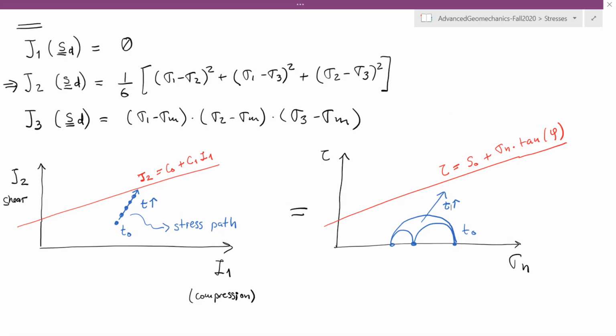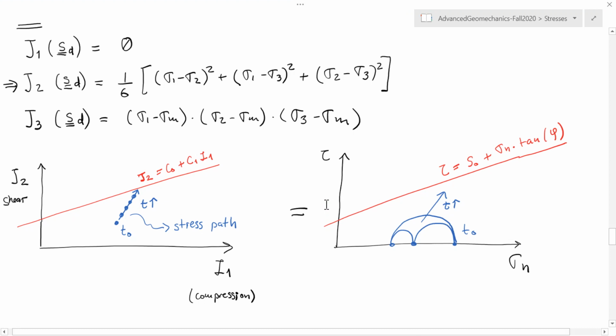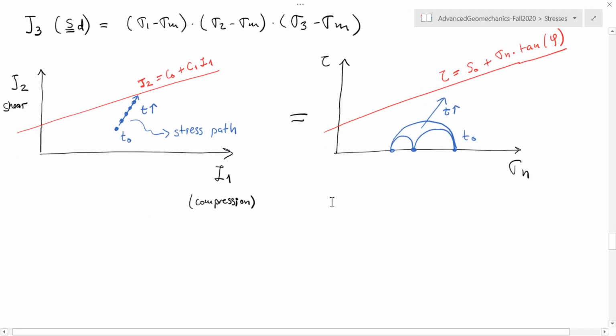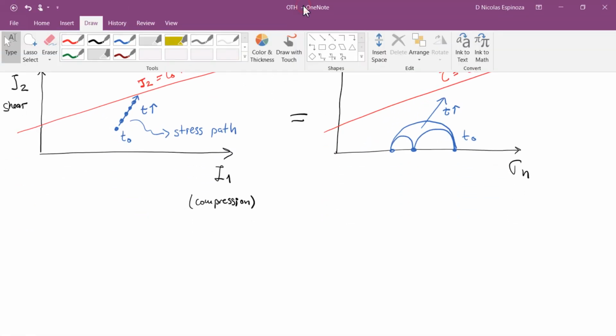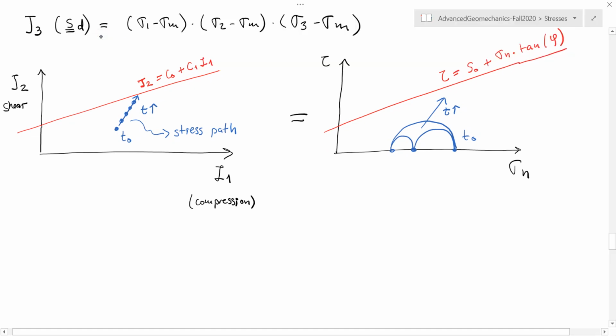Okay, now that we have seen the application of these invariants, let's see the definition of 2 other invariants that we're going to use as well, and that you may also find in papers that you read.